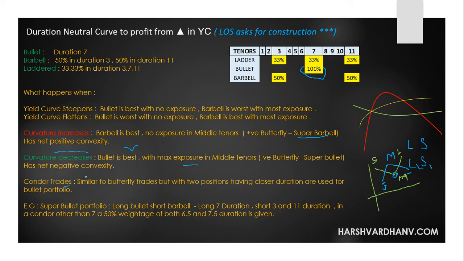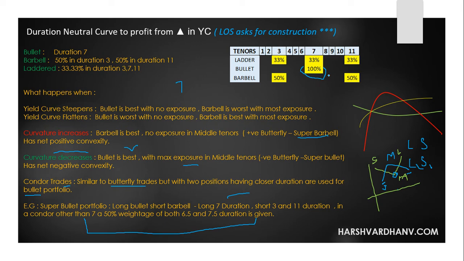So over here, condor trades are similar to butterfly trades, but with two positions having closer durations used for the bullet portfolio. So the bullet portfolio mentioned over here might not be 100% in a 7 duration. So long bullet, short barbell in a condor, rather than 7 being centralized, you might be 50% in 6.5 and 50% in say 8.5.